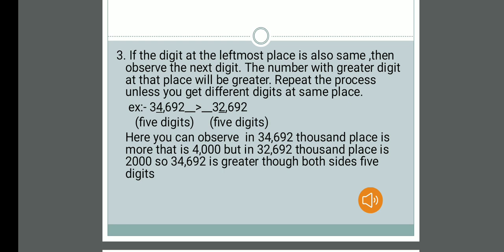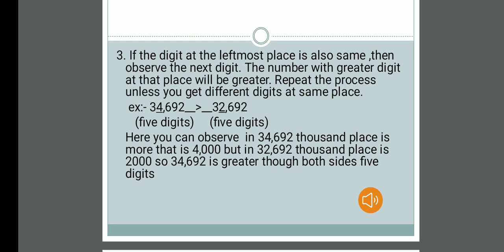Now the third rule is, if the digit at the leftmost place is also same, then observe the next digit. The number with the greater digit at that place will be greater. Repeat the process until you get different digits at the same place. Now let us take the example, 34,692 and 32,692. Here both are 5 digit numbers.